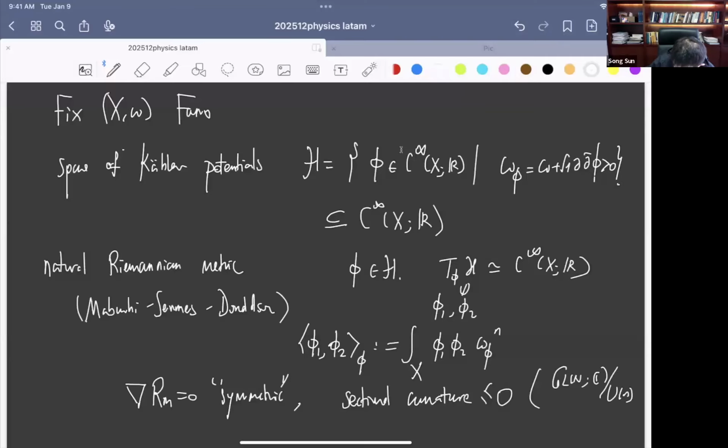It's like a non-compact symmetric space of type G_C modulo G, K_C modulo K, the complexification of a compact group modulo K. Anyway, it's non-positively curved, and then one expects that every two points can be connected by a unique geodesic, exponential map and so on. It's all formal, but mathematically there has been a lot of work in this direction, and a lot has been made rigorous. We will not delve into that.